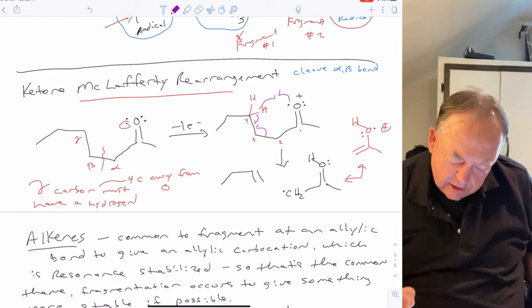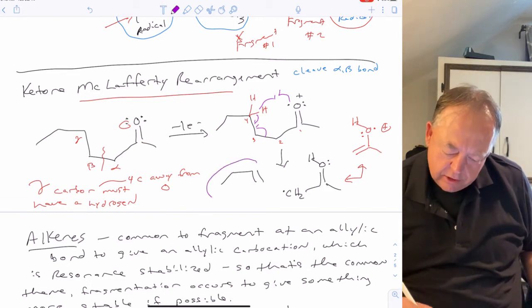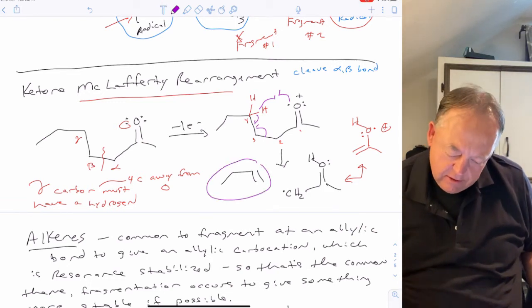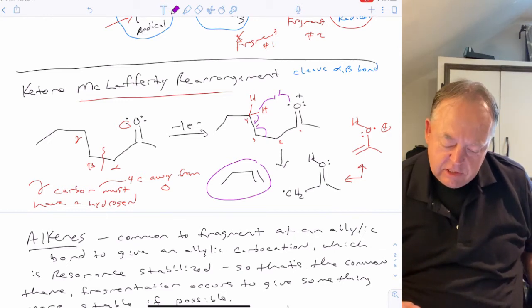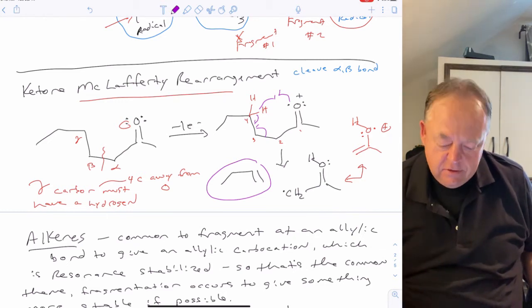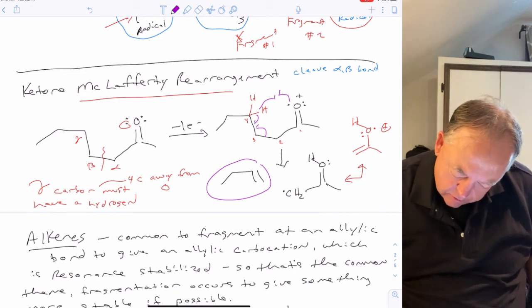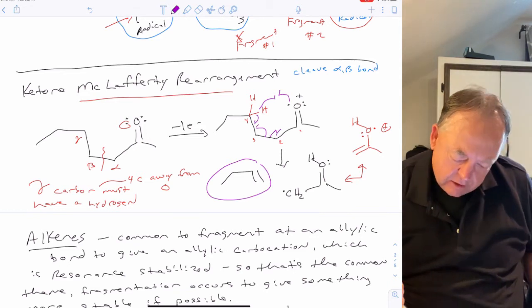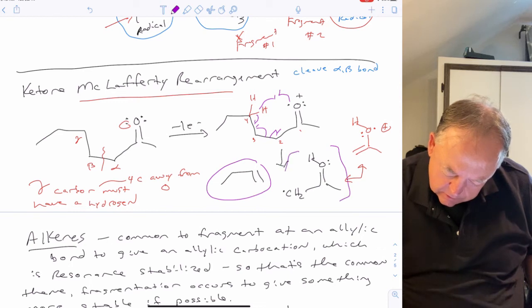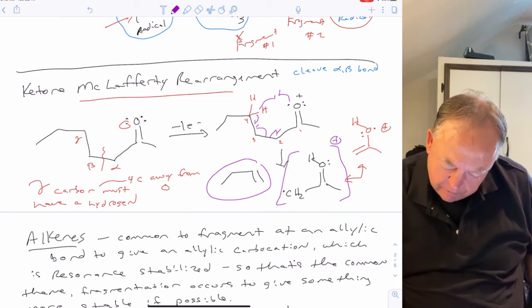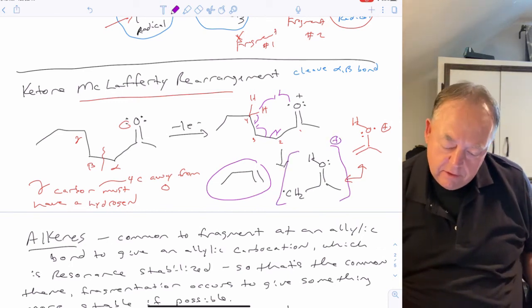and we move one of these electrons over to make a double bond there, so you get this alkene fragmenting out, which you don't see the mass for in the mass spec, but you do see the mass difference. And then we take the other electron and move it onto that carbon. So then this would be your radical cation, which you would see a peak for as a fragment.